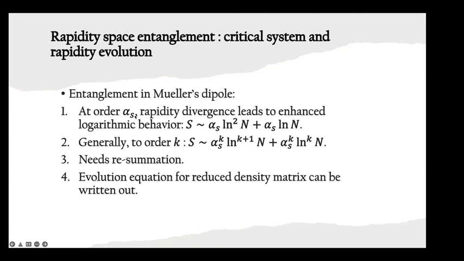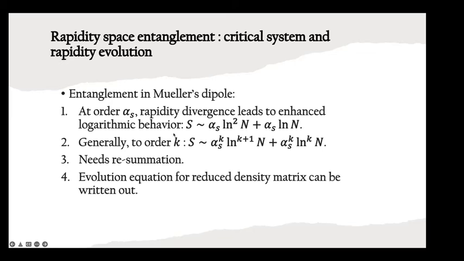And then you find that at order alpha s, namely the wave functions with one gluon in the final state or with no gluon in the final state but with a one-loop correction to the virtual emissions, rapidity divergences lead to enhanced logarithmic behavior in terms of log n, where log n is the natural rapidity cutoff. There is a log square n times alpha s. And remember, in a subcritical system, you get only a single log at this order in perturbation theory.